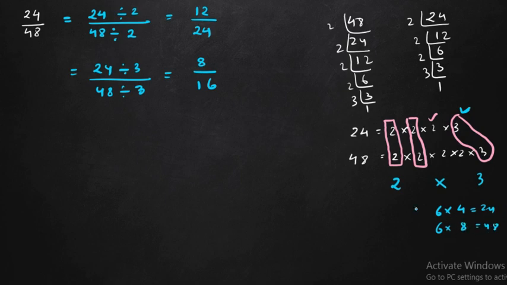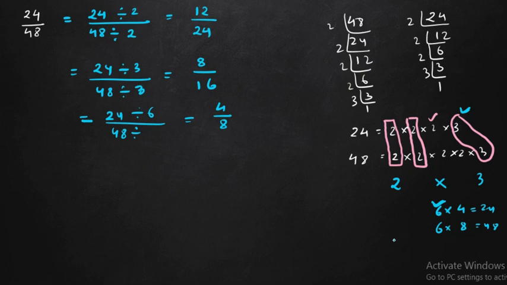That means 6 is also a common divisor of 24 and 48. So again, if we divide 24 and 48 by a common divisor, suppose 6, then we will get 4 by 8. Okay.